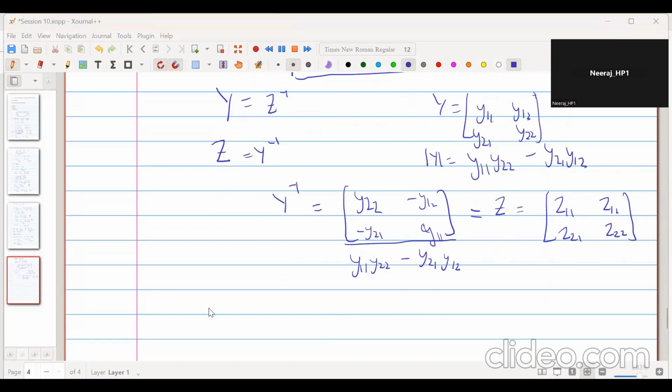From this, what will be the value of Z11 in terms of the Y parameter?